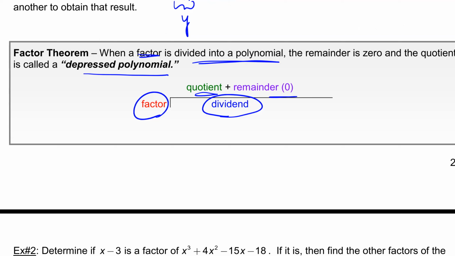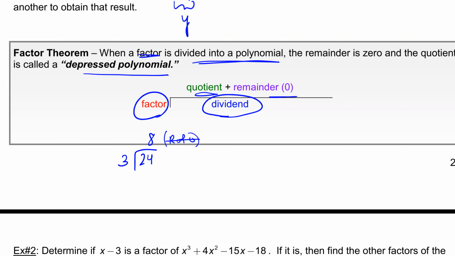So for instance, if I'm taking 24 and I'm dividing by 3, what is the quotient? 8 plus a remainder of 0, right? Because it's actually a factor. 3 and 8 are factors of 24, right? Factors are things that multiply together to equal the answer. So 3 times 8, 24.